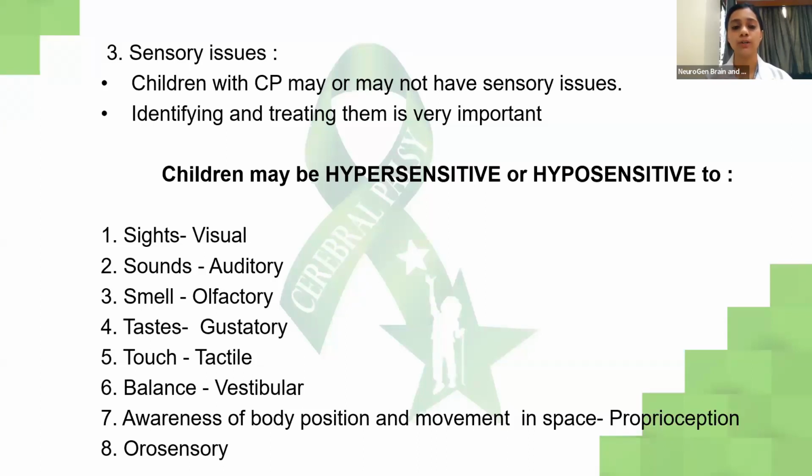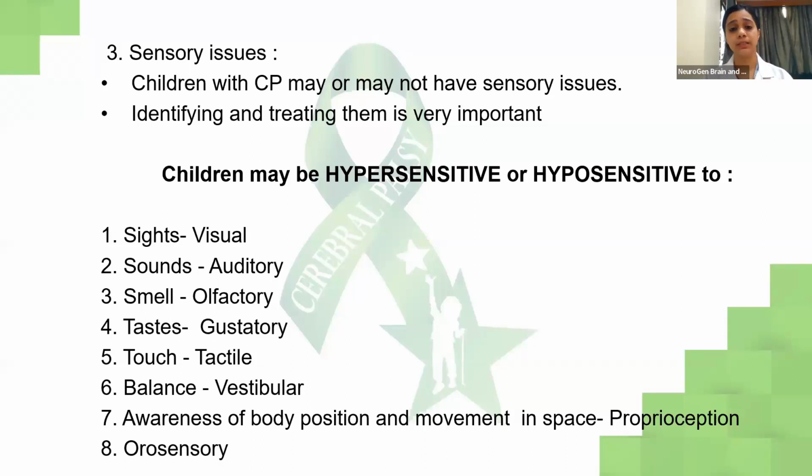Like visual: the child will want to look at the light, even if it is affecting his eyeball. He will just want to look. Auditory hyposensitive means the child would want to listen to certain music. He will take a phone and put it on his ear and just listen, even if it is too loud, but they'll try to seek it.